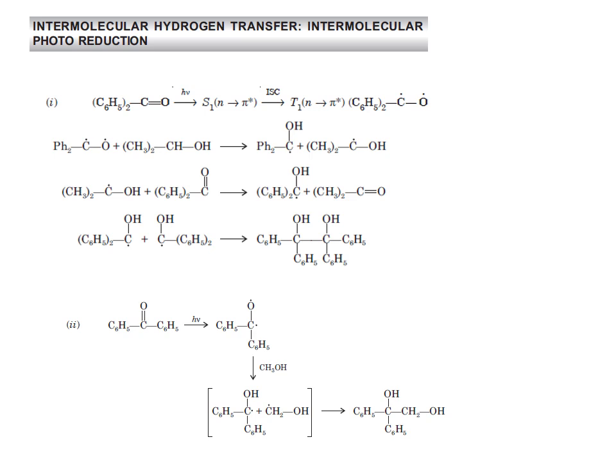And these two radicals go for a reductive coupling type of reaction to produce the pinacol. In the second example, we see a similar thing where h nu can convert this carbonyl radical, which reacts with the methanol to produce this carbonyl radical, and this radical is generated from the alcohol after the hydrogen transfer, and finally leads to this product.